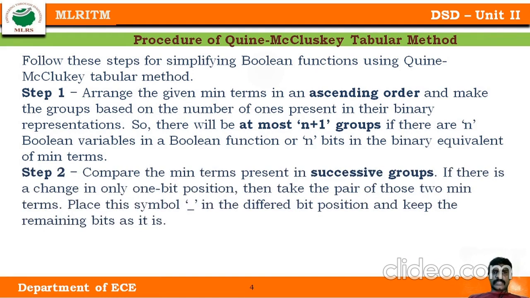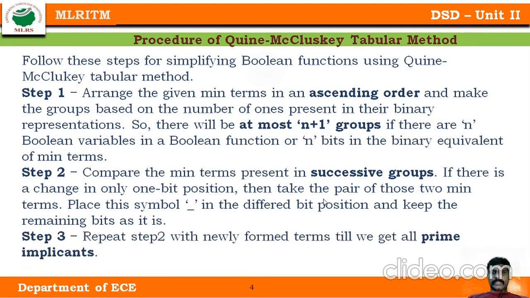If there is a change in only one bit position, then take the pair of those two minterms, place a dash in the differing bit position and keep the remaining bits as they are. Step 3: repeat step 2 on the newly formed terms, and we will get the prime implicants.